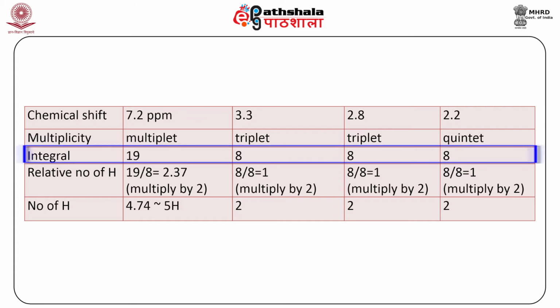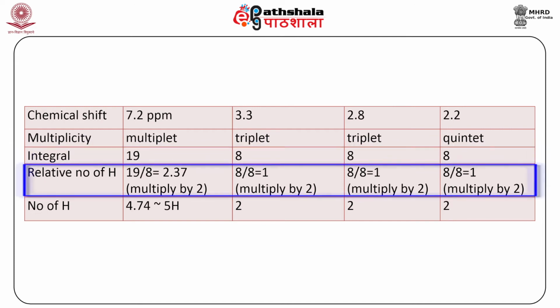Therefore, to find the actual number of hydrogens present, we first need to find the relative number of hydrogens present in the given molecule. To find that, let's divide the integral value by the common factor of 8.